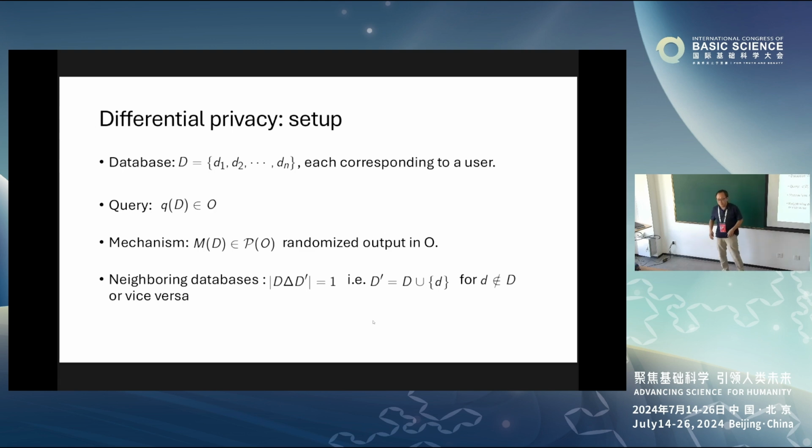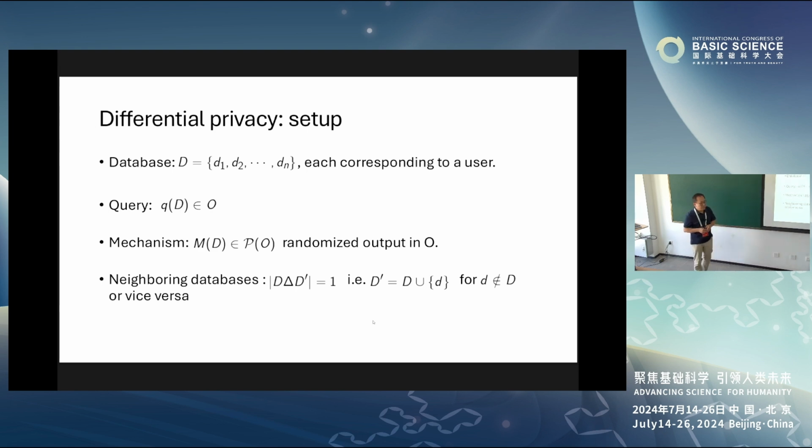A query basically has some range or output space, can be a number, can be a bunch of numbers, can be some combinatorial object, whatever. And then we have something called a mechanism. A mechanism is just a randomized algorithm which also gives output in the same space. It's just something which attempts to answer your query.